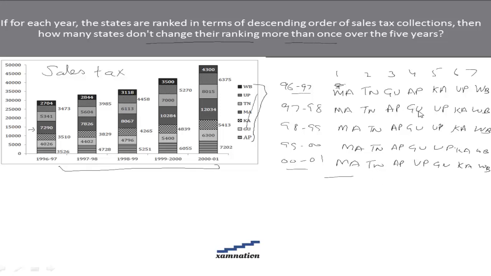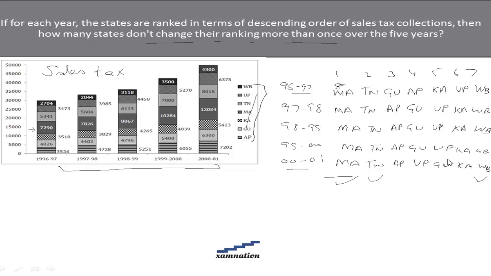Gujarat is changing ranking: first it was ranked 3, then 4, then 5, right? So Gujarat is changing ranking. Andhra Pradesh is also changing ranking. Karnataka is changing ranking 2 times. UP is changing ranking 3 times. West Bengal is not changing ranking, right? So we have 3 states, Maharashtra, Tamil Nadu and West Bengal, which are not changing their ranking over the 5 years.